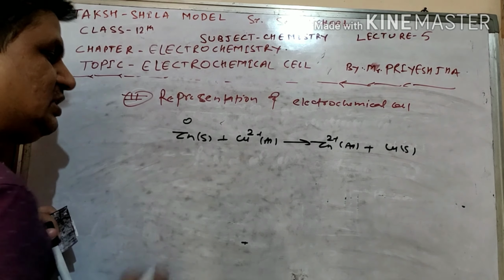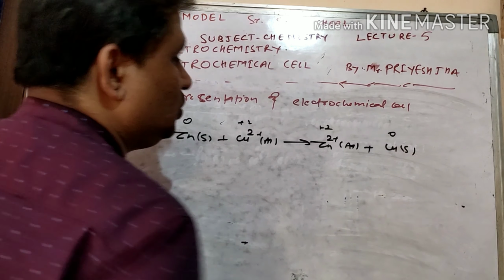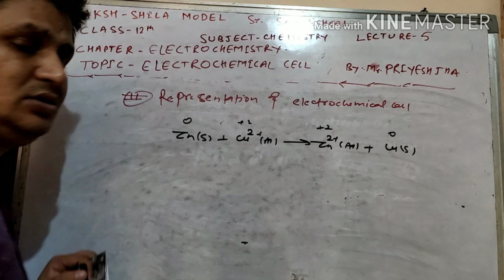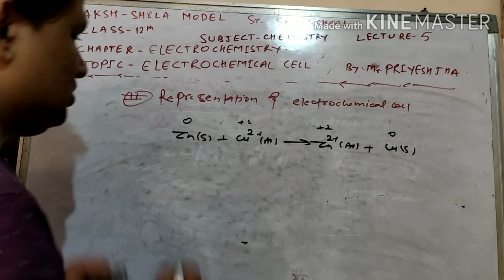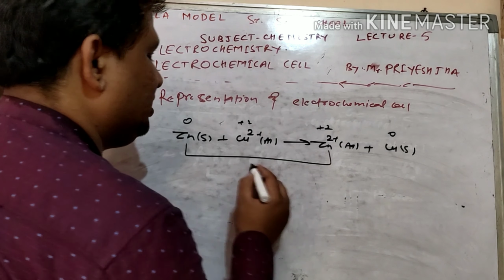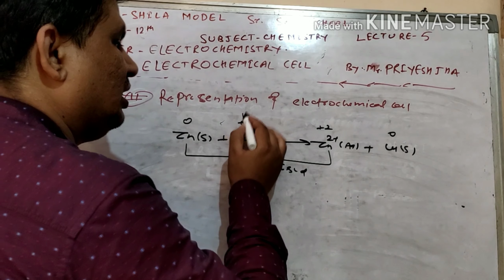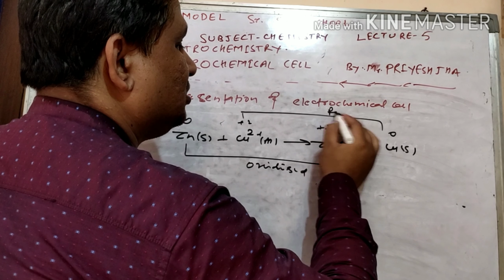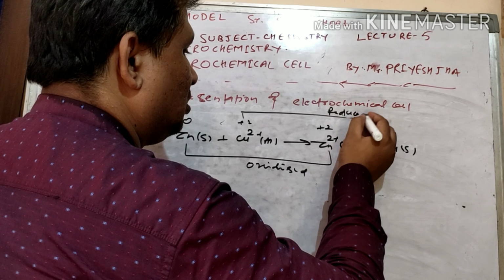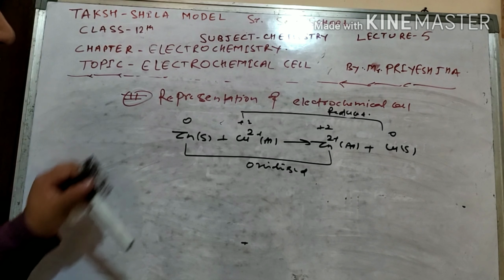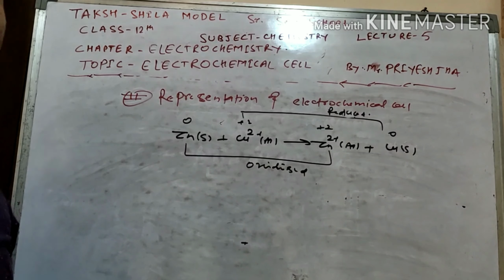Here the oxidation states are 0, +2, +2 and 0. An increase in oxidation number is known as oxidation, and a decrease in oxidation number is known as reduction. So here zinc is oxidized and copper is reduced. So what will be the representation of the given cell, Zn-Cu, and this is also known as the Daniell cell.